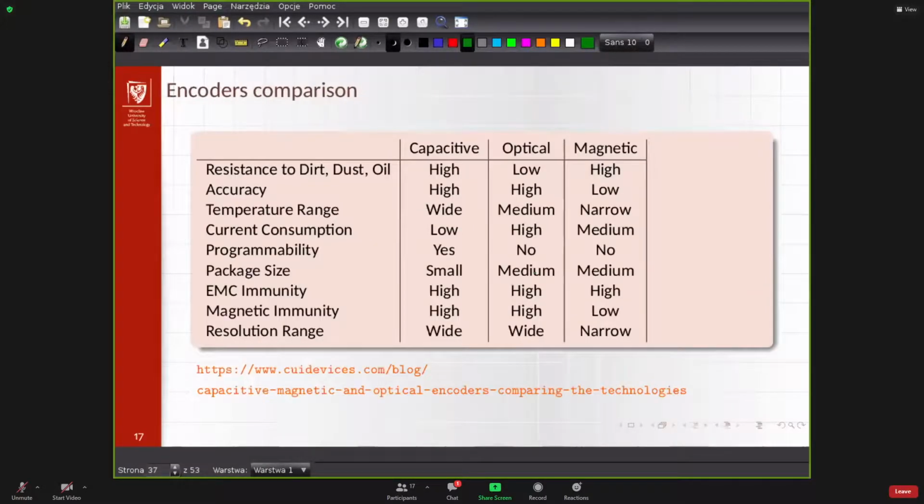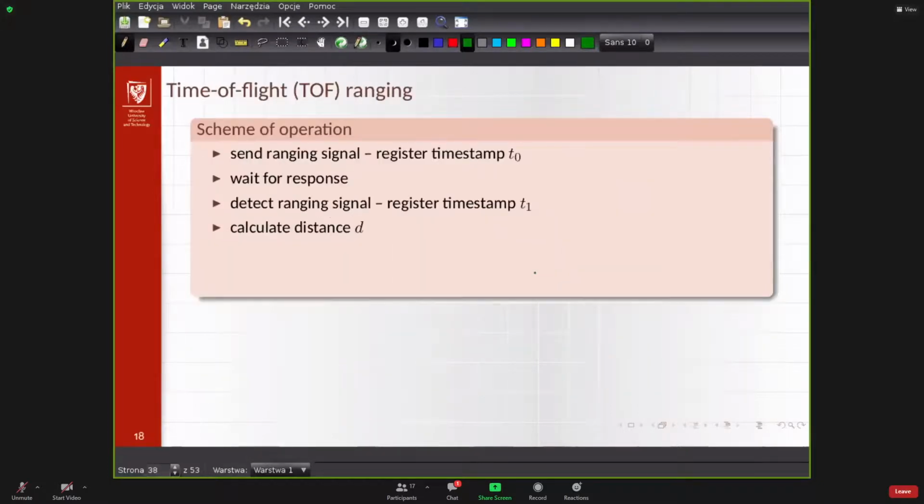Okay, so those were the encoders, mostly measuring the position and sometimes also velocity. And then the second part, the time of flight ranging.